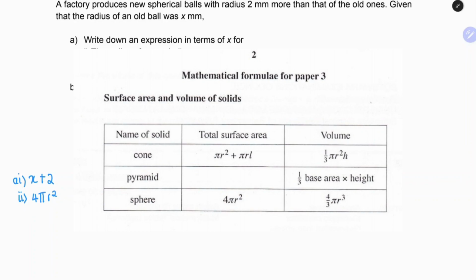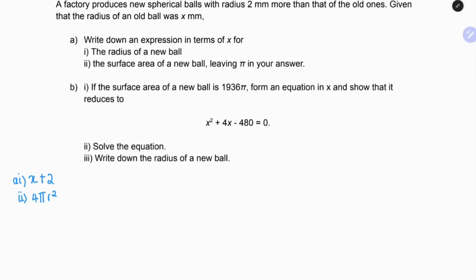This is the formula for the surface area of a sphere. So we're just going to say 4 times pi times radius squared. When you think about it, don't we already have the radius? We do, because that's what the first question wanted.